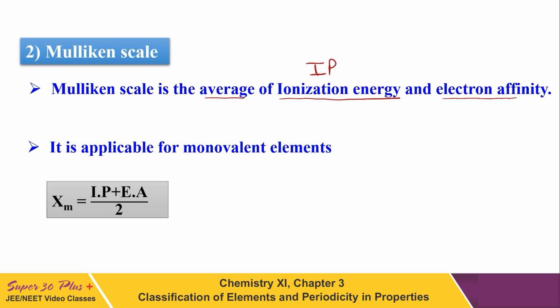If you take the average of IP and electron affinity, average means sum and divide by 2, that is called electronegativity on the Mulliken scale. But there is one limitation of the Mulliken scale. The value which we calculate on the Mulliken scale is applicable only for monovalent elements like sodium, hydrogen, lithium. It is not applicable for multivalent atoms.